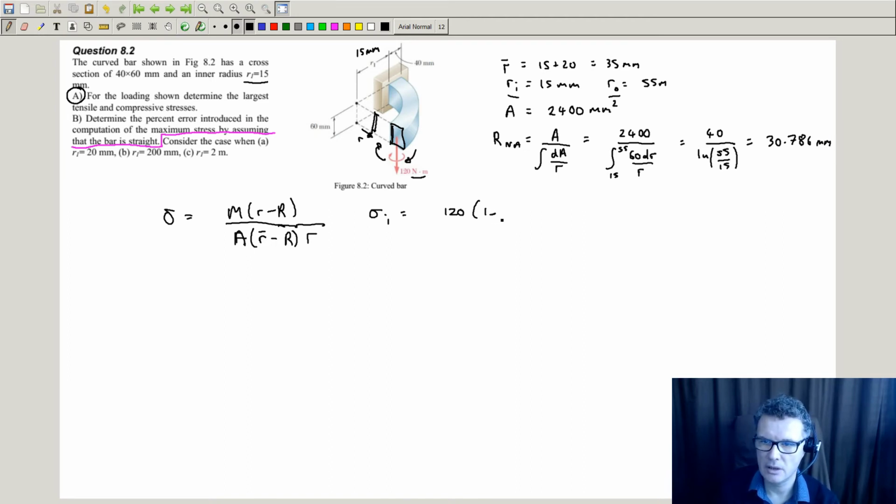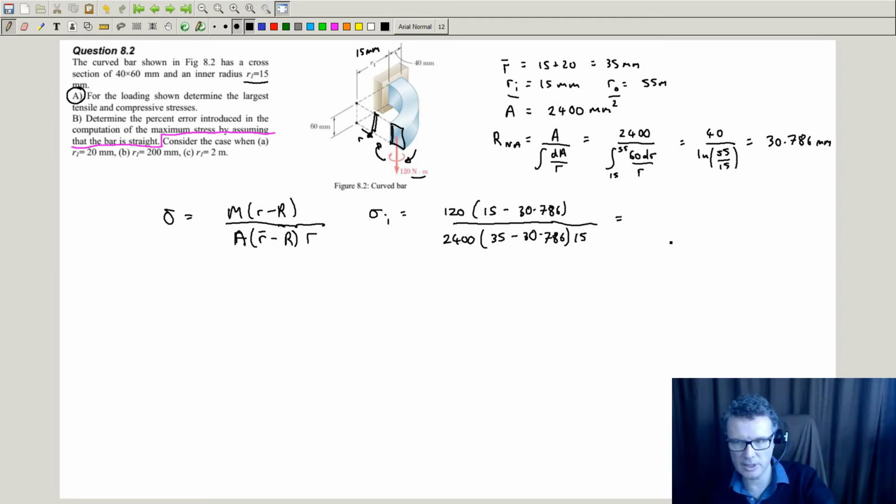It's 15, take away R. The area is 2,400. Centroid is 35. And there's the inner, so it's 15. So I need to work that out.